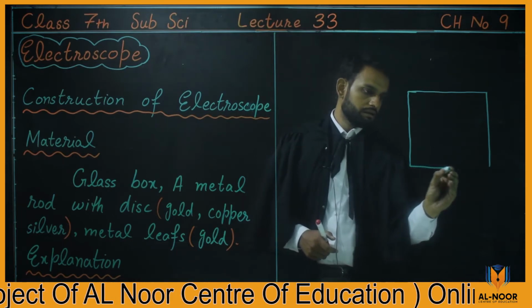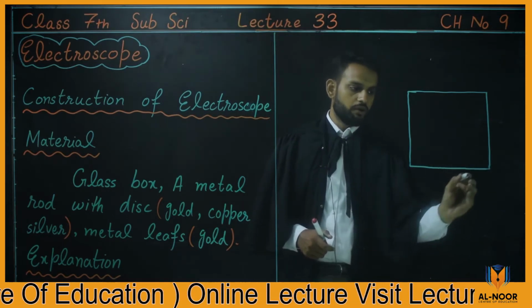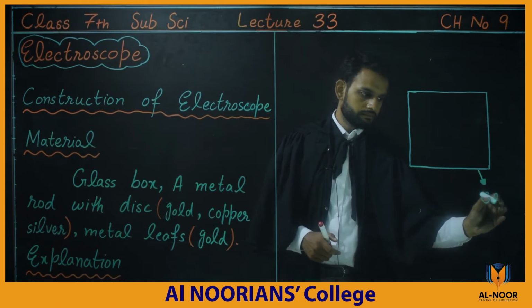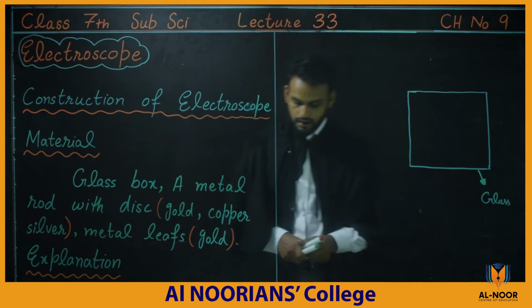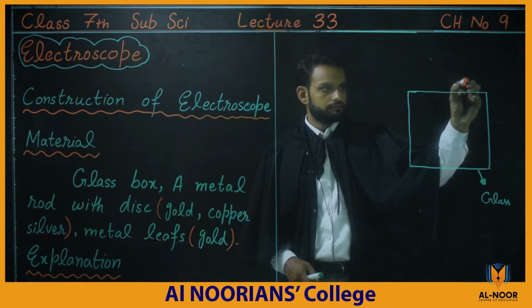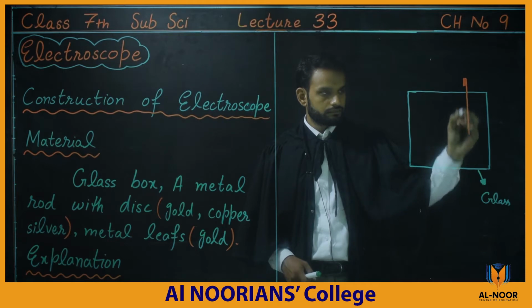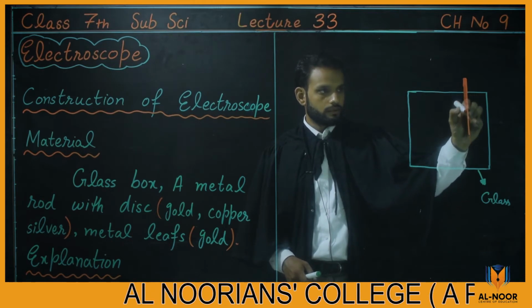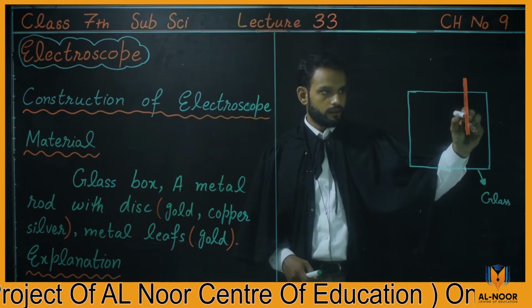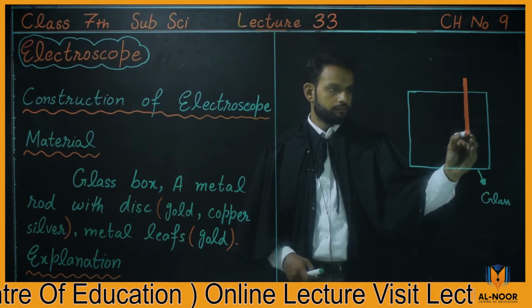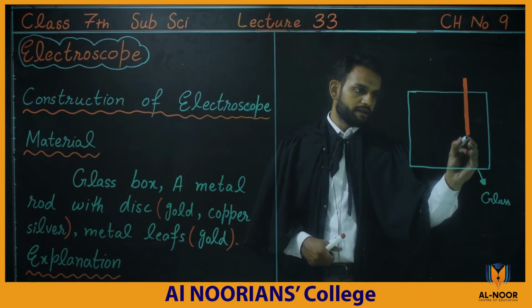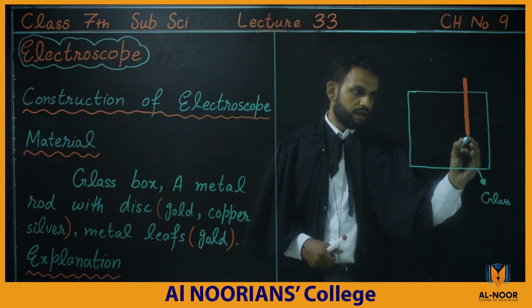Here we construct a box which is made up of glass, using a metal rod, and a strip of metal to which leaves are attached.